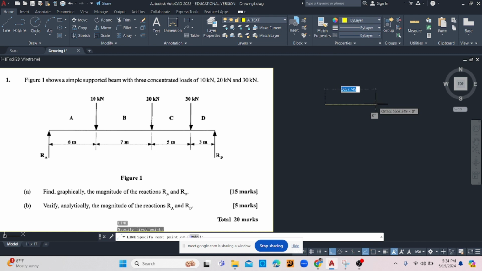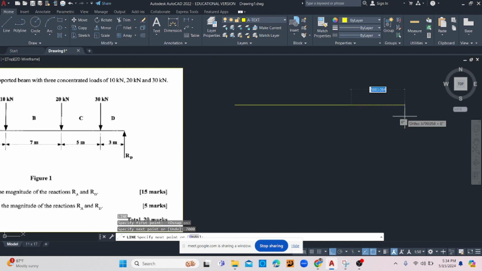I'm going to draw one horizontal line of 6,000, because 6 meters is 6,000 millimeters. I'm going to draw another one from there, let me turn on this here, another 7,000. Then I'm going to continue for another 5,000, and then finally 3,000.